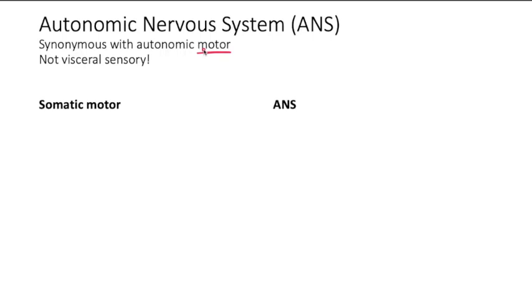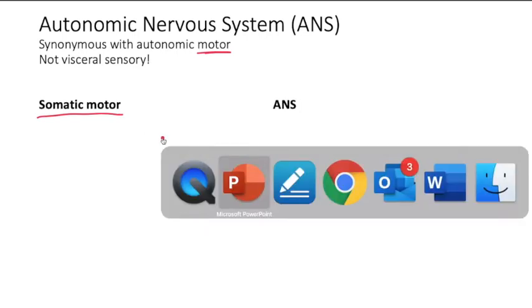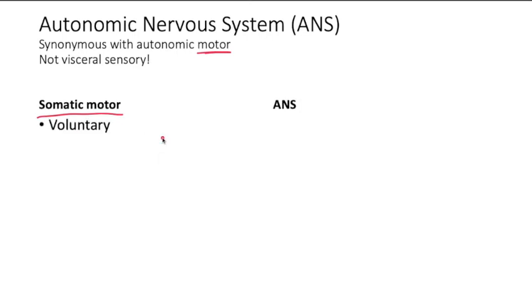So before we start the more specifics of autonomic motor, I wanted to contrast it with somatic motor. Hopefully you recall somatic refers to voluntary information that you consciously control, like you want to move your hand, you send that information to your hand to move. Whereas the ANS or autonomic nervous system is involuntary, things that you do not consciously control.